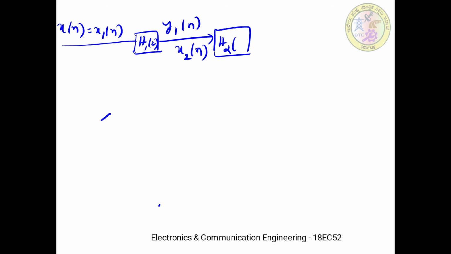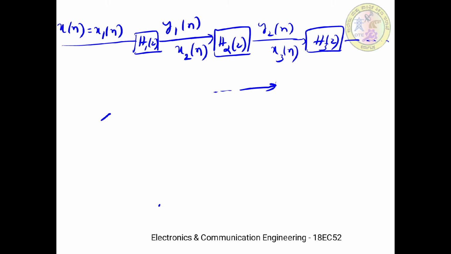So this is h2 of z. The h2 of z output is nothing but y2 of n, which in turn acts like x3 of n input to the next stage, that is h3 of z. So this process continues and we have the last stage, hk of z, generating the final output y of n.